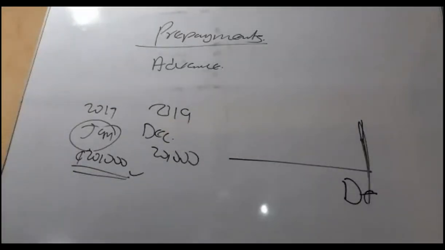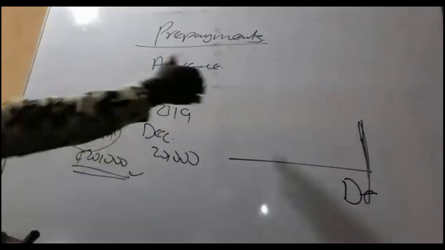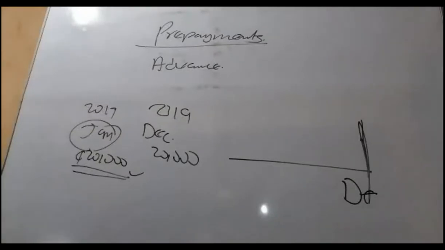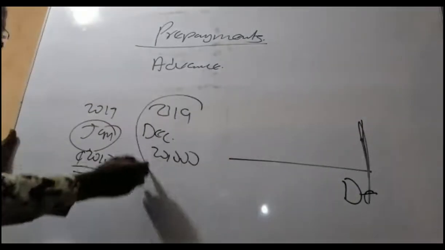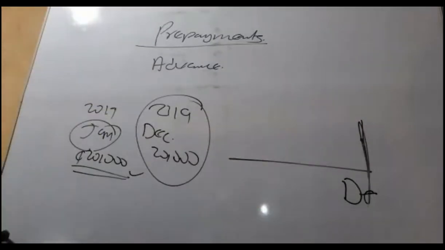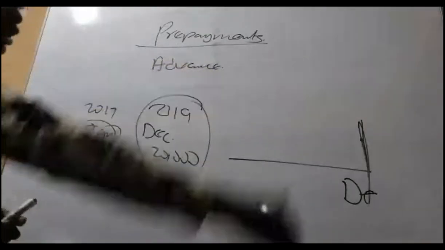If I prepare a financial statement after December, and that's the most common case because you prepare a financial statement after the end of the year, it will not be prepayment, even though you paid it in advance, because it's within the year.